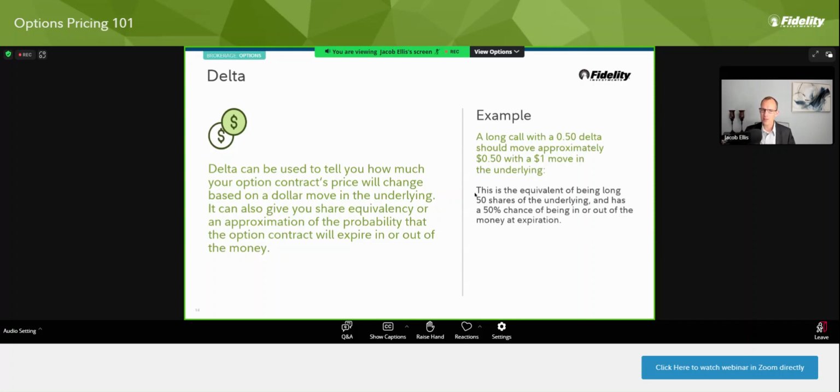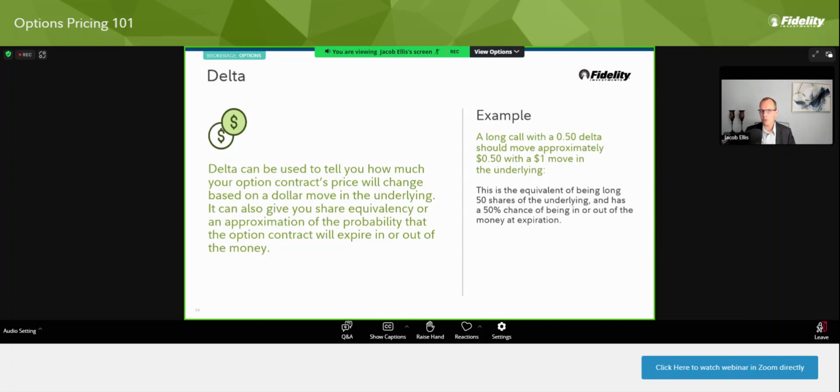But again, then we think about how else we could accomplish this. If the stock was to move by $1 and we only get 50 cents' worth of move, well, there is another way for us to get that 50 cents' worth of profit or loss if the move is in the wrong direction. And that would be by owning shares.